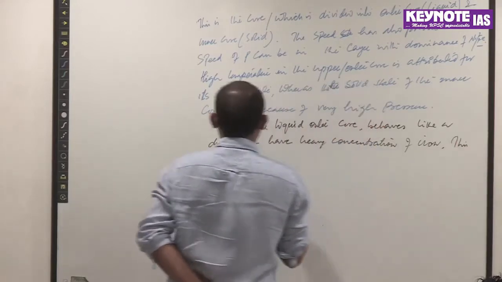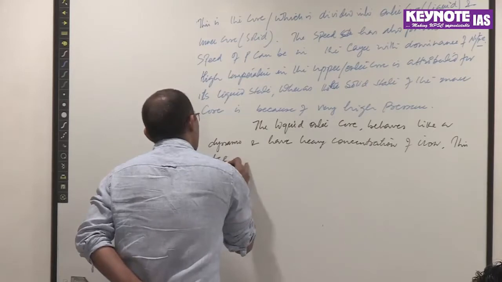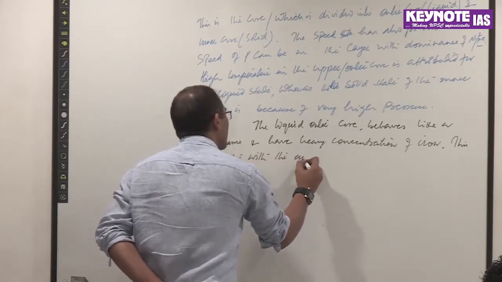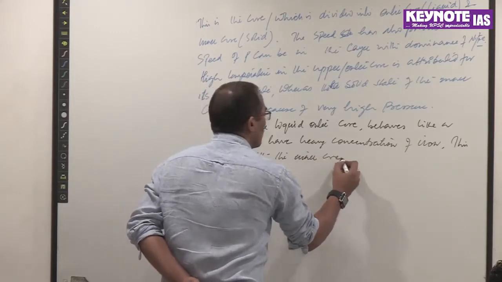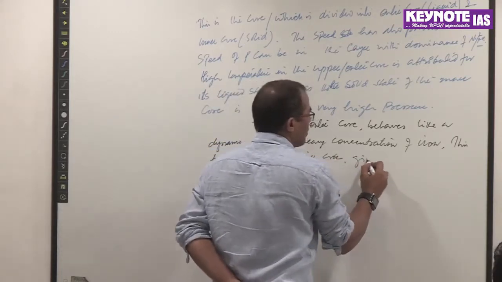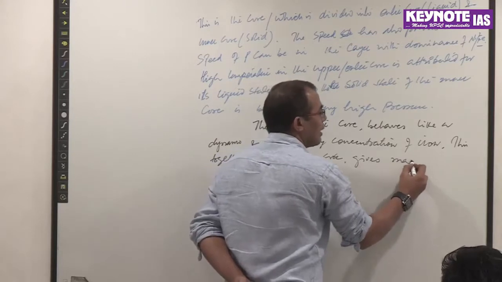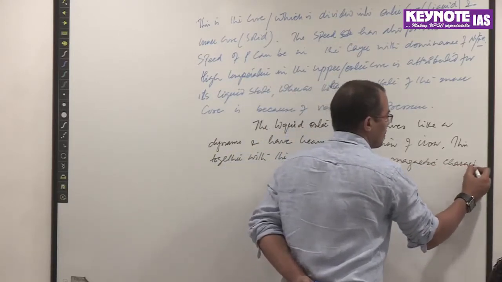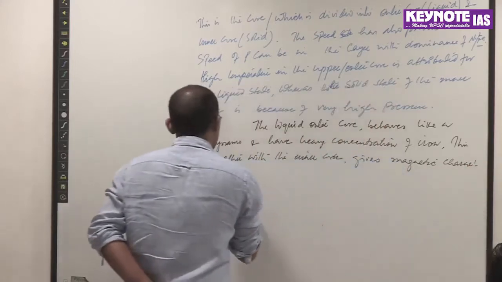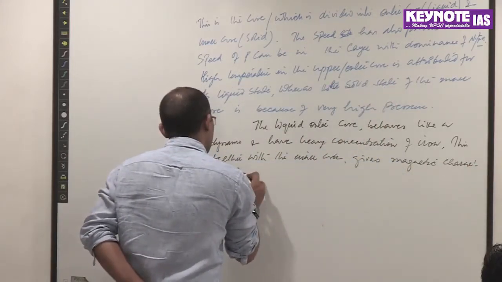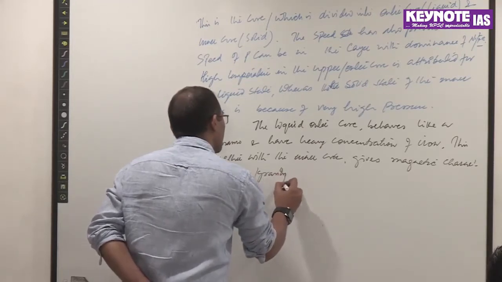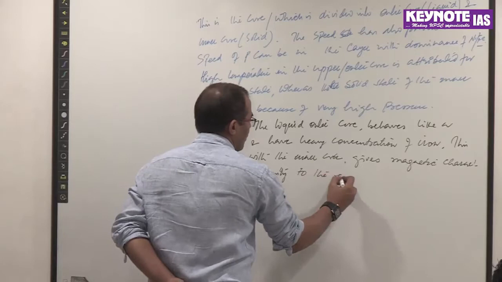This together with the inner core gives magnetic characteristics, or gravity, to the earth.